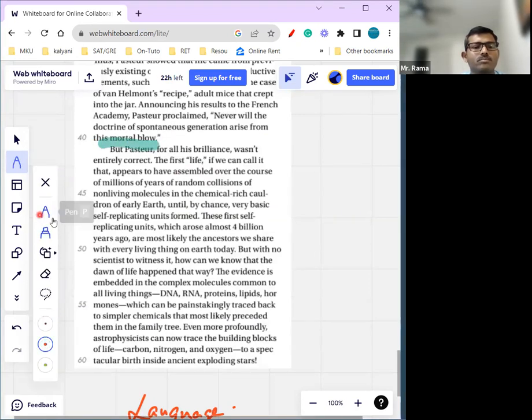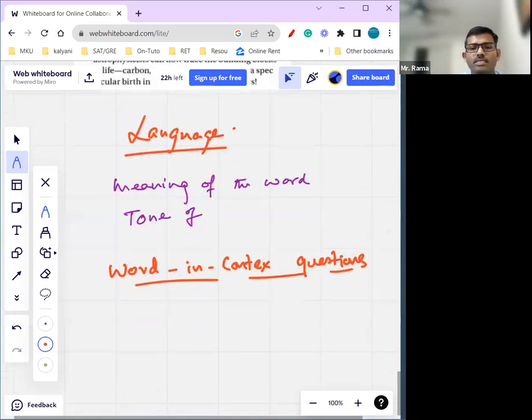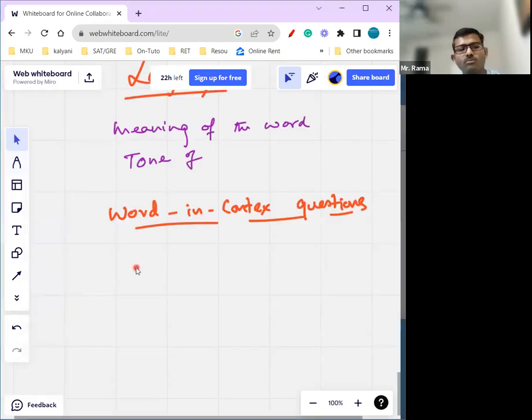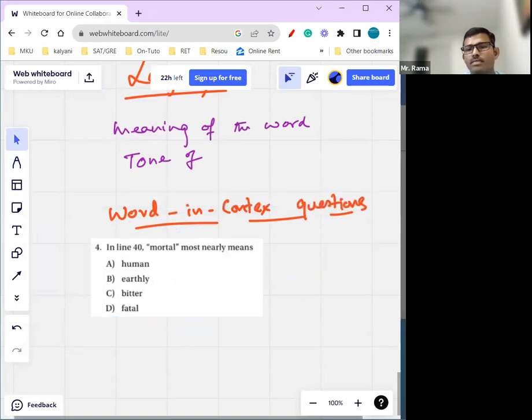There is one question, last class we looked at it, that says, what does the word moral in line 40 most nearly mean? We looked into that question also, but you will see questions like this on the test, right? They will give you a word and ask you, what does that most nearly mean? So how do we take care of these types of questions?